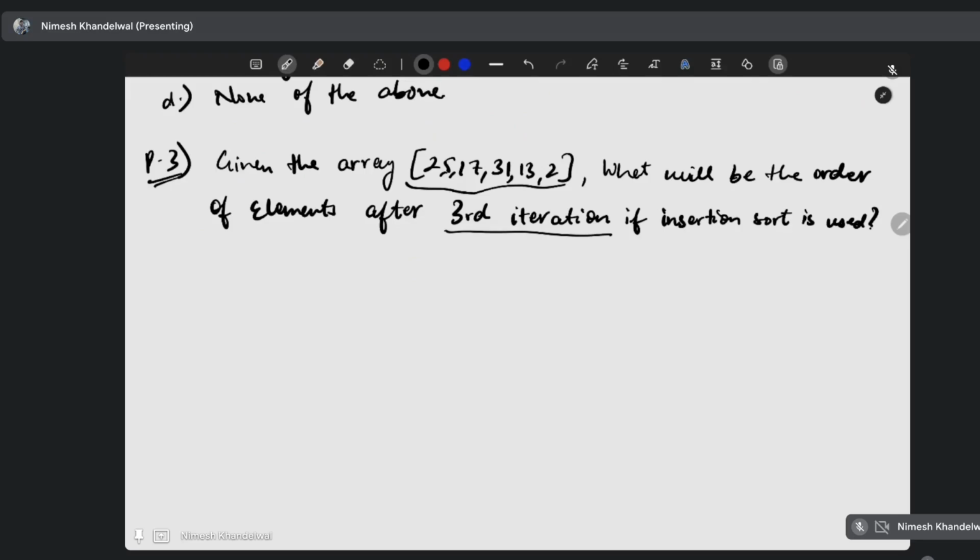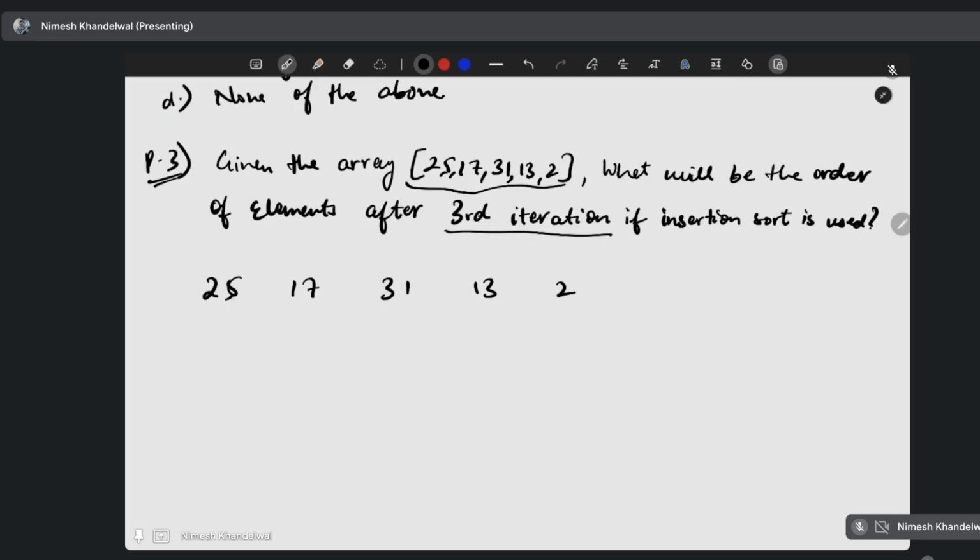So let us start with the given sequence 17, 31, 13 and 2. Okay, so let me space it out a bit. 17, 31, 13 and 2.